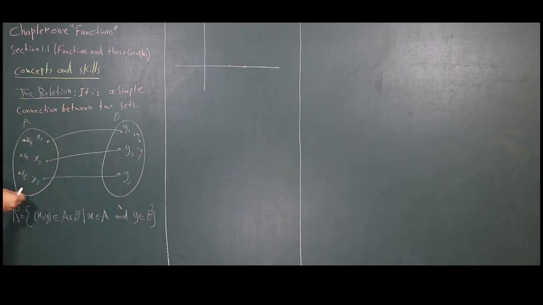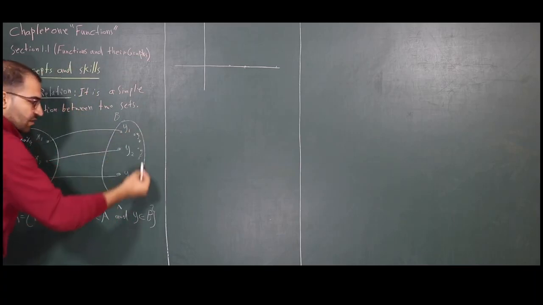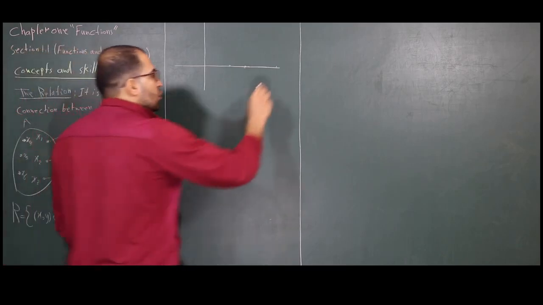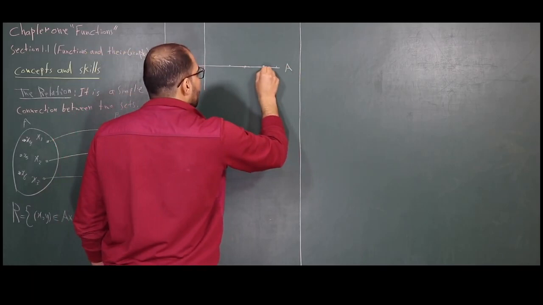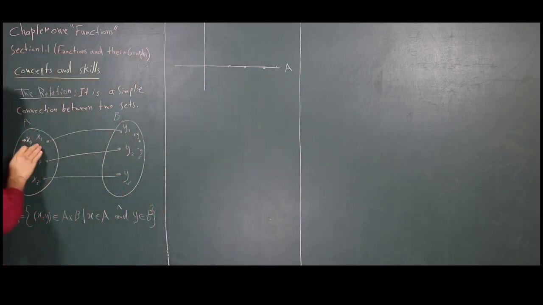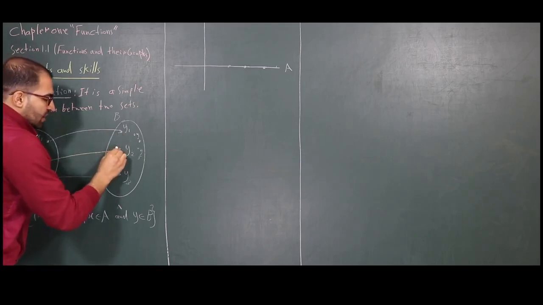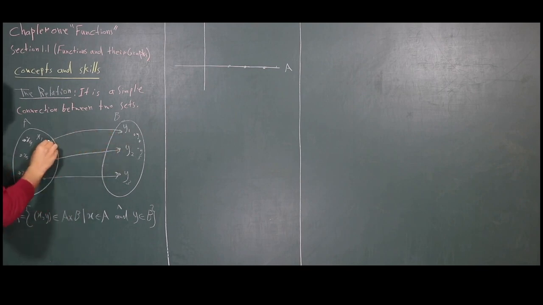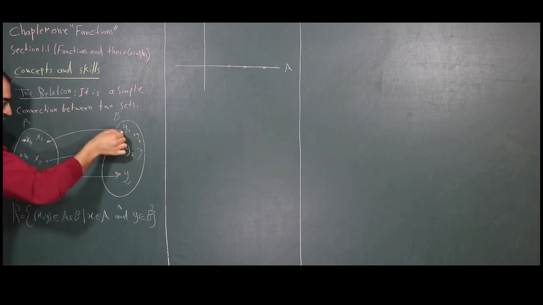It doesn't matter. These elements are not connected, and this is still a relation. This is the set that I connect the elements from, the source, and this is the destination. So I move from here to here, the connection.